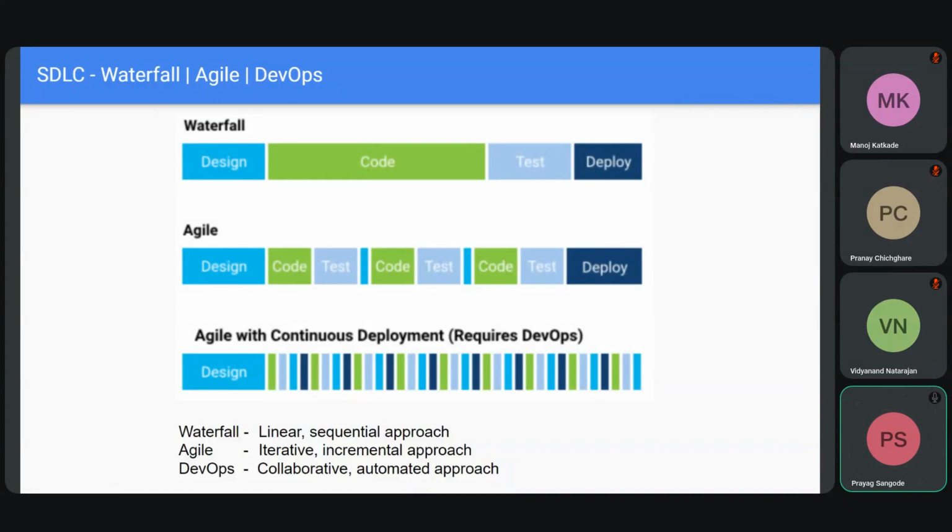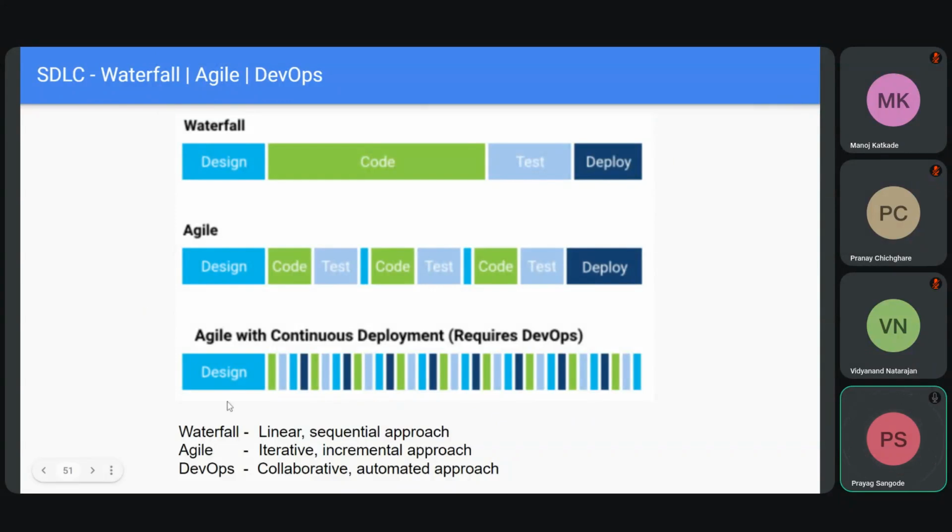Now with the same approach of agile, when we deploy the software, with a collaborative and automated approach, there is continuous integration, continuous deployment, and continuous feedback as well.